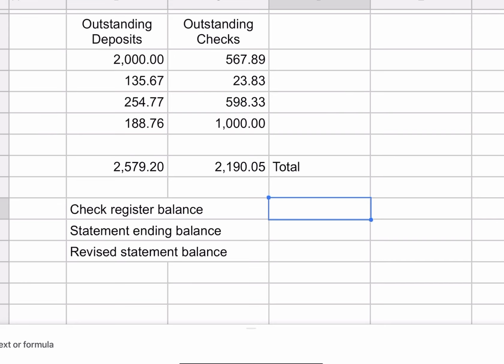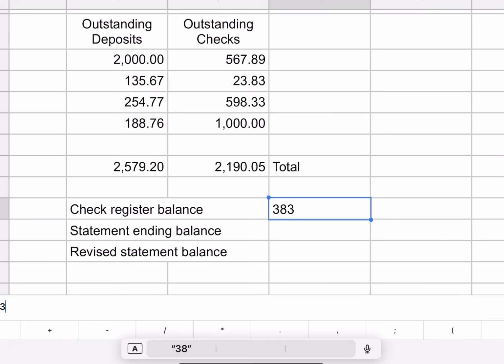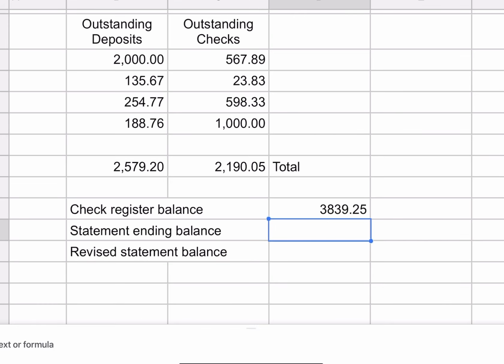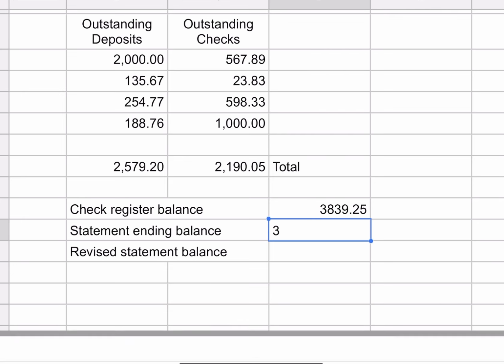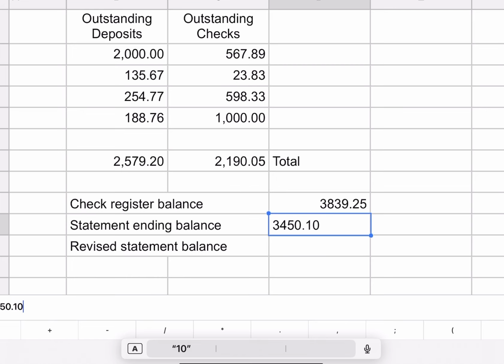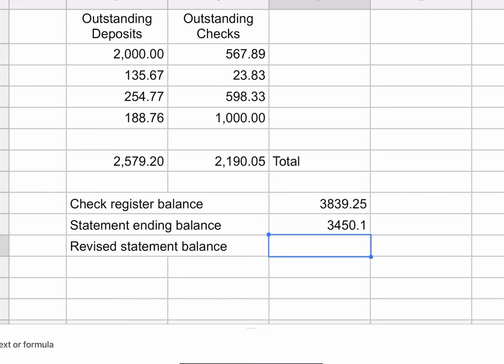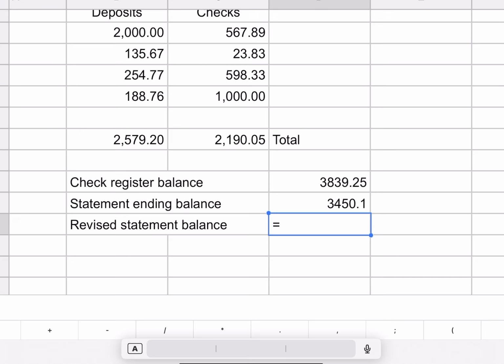Okay. Now we're told that they have a check register balance of $3,839.25. Okay, and the bank statement balance said that it was $3,450.10. Okay, so then we want to calculate the revised statement balance. So the revised statement balance is going to equal the statement ending balance plus our outstanding deposits.